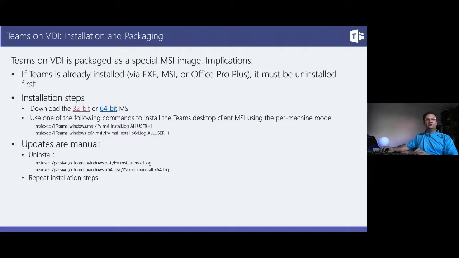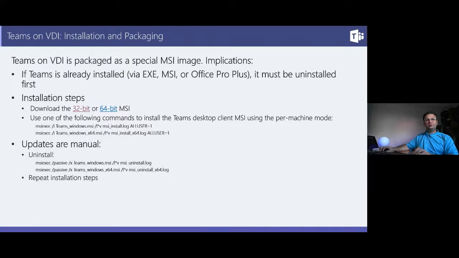Then you would need to download the latest MSI bits and deploy the Teams MSI client using per machine mode. The attribute ALLUSER=1, again, it's ALLUSER, there is no S at the end. It's a special VDI-specific attribute. So ALLUSER=1 defines the per machine deployment mode.